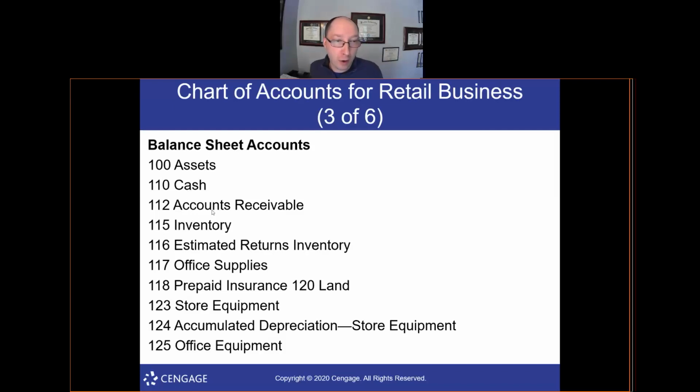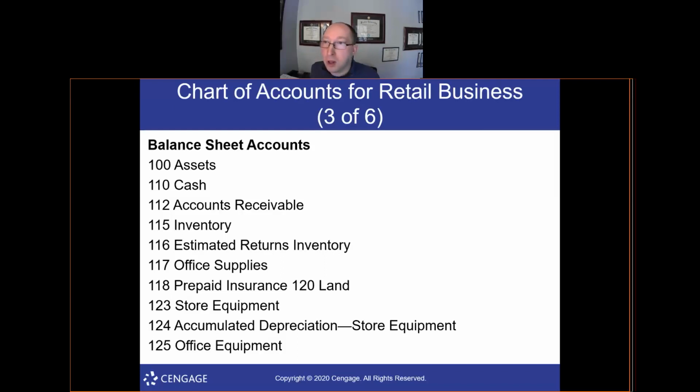I want to point out a couple things. Inventory, 115, you'll only find that for a retailer or a manufacturer. You'll never find inventory for a service business. Estimated returns of inventory is a certain amount of inventory that we expect will be returned to us.